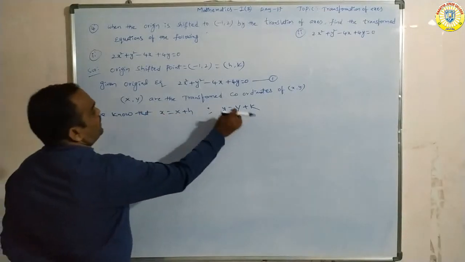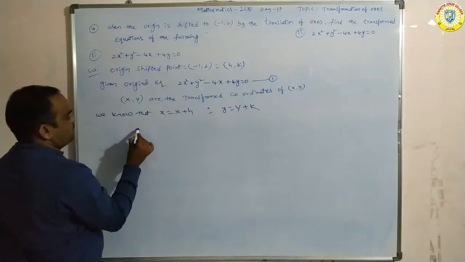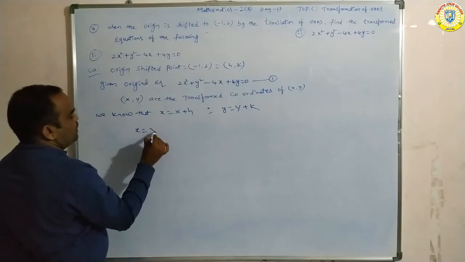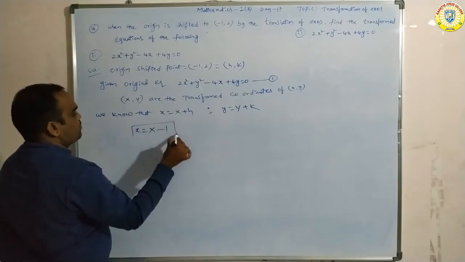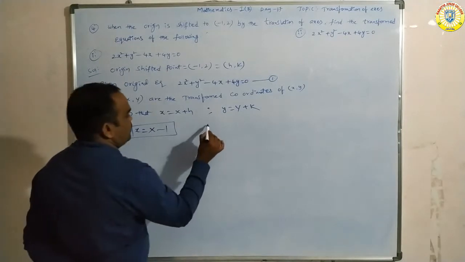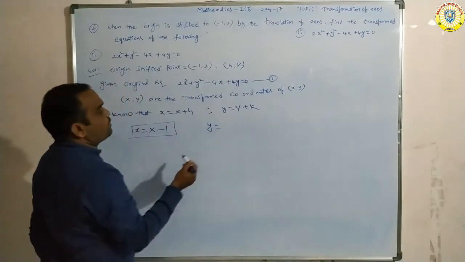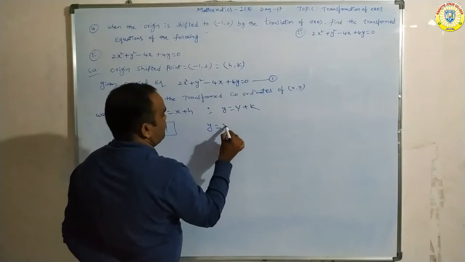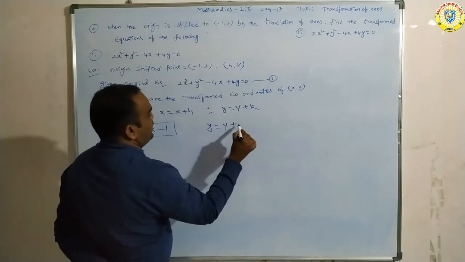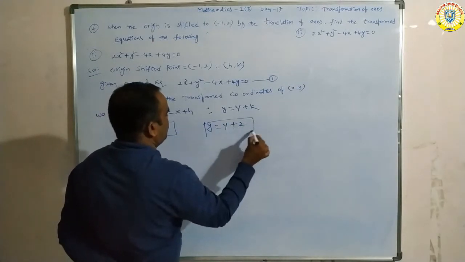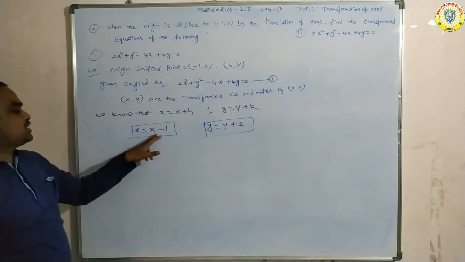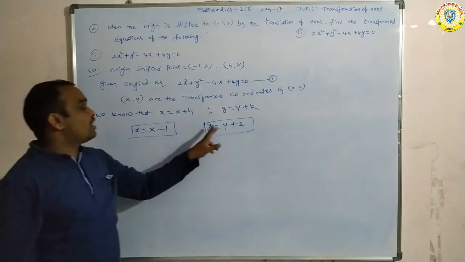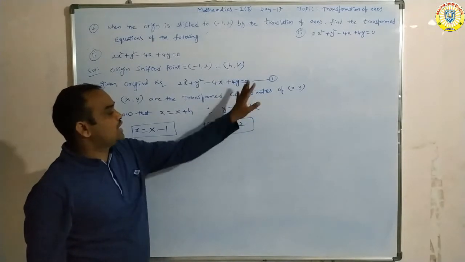But here h comma k is equal to minus 1 comma 2. Small x is equal to capital X plus h, where h is minus 1, so small x is equal to capital X minus 1. Small y is equal to capital Y plus k. What is the value of k? 2. So now in the given equation we are substituting small x is equal to capital X minus 1, small y is equal to capital Y plus 2 in equation 1.